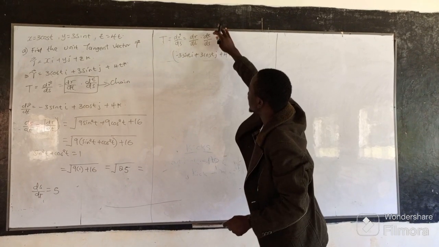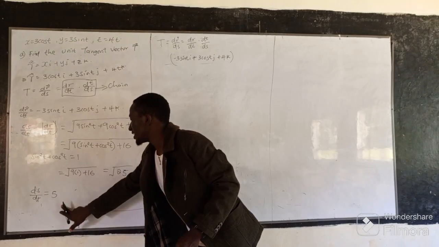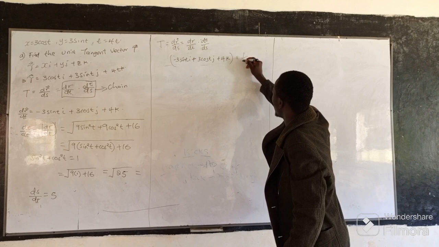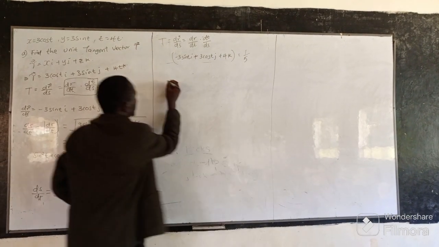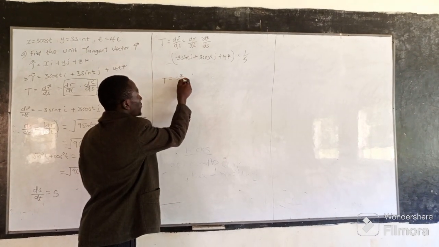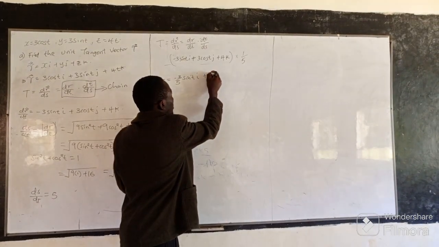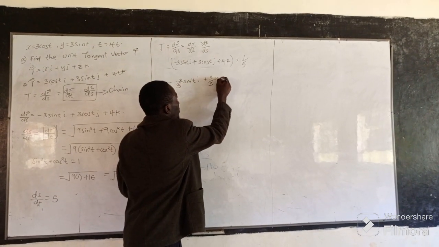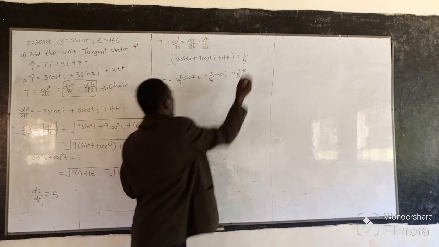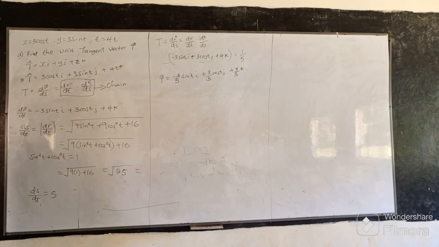I multiply it with dt over ds, but I'm having ds over dt here. Now, dt over ds is the inverse of this one, 1 over 5. Now, my value of T will be equal to negative 3 over 5 sin t i plus 3 over 5 cos t j plus 4 over 5 k. That's my value of T, and I'm done with question A.